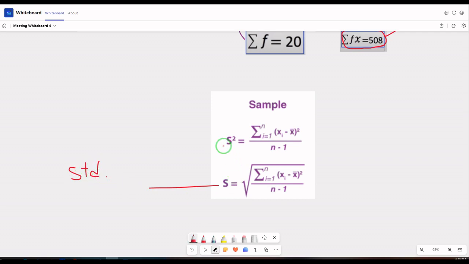And standard deviation to the power 2 is your variance. So variance is basically standard deviation to the power 2.